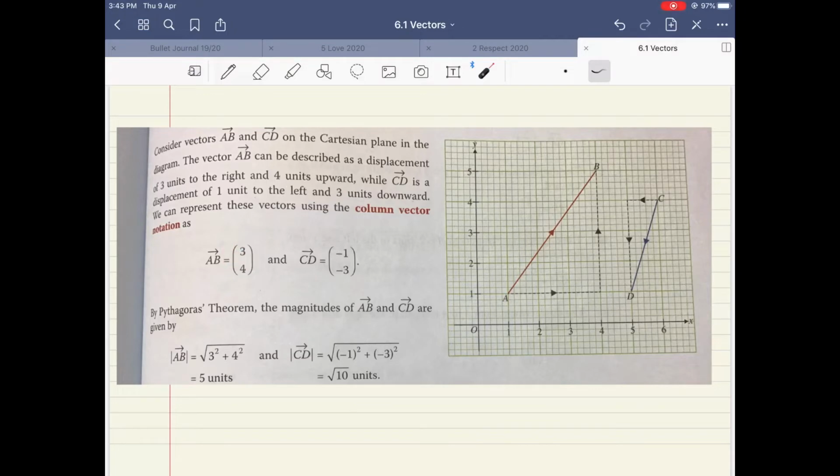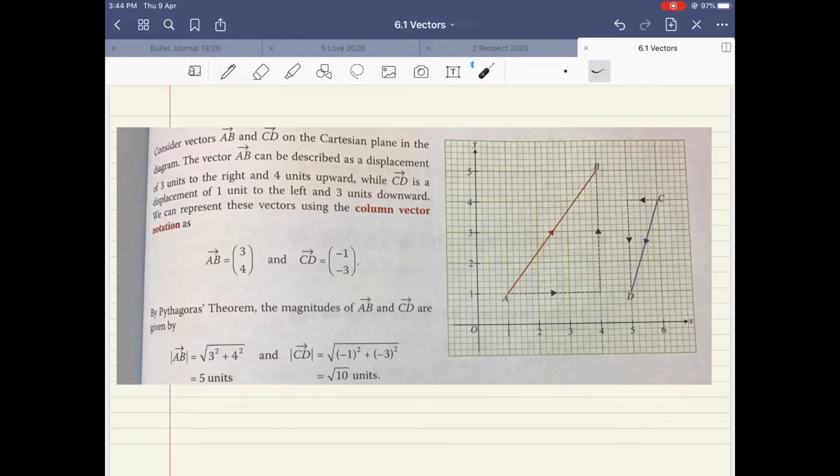If you notice on this diagram, it moves 1, 2, and 3 units to the right. Then it's positive 4, so it moves upwards by 4 units, 1, 2, 3, and 4. Initially we started at A and end up at B. This is the starting point, this is the ending point. We join them up and show the direction, that is the vector AB.